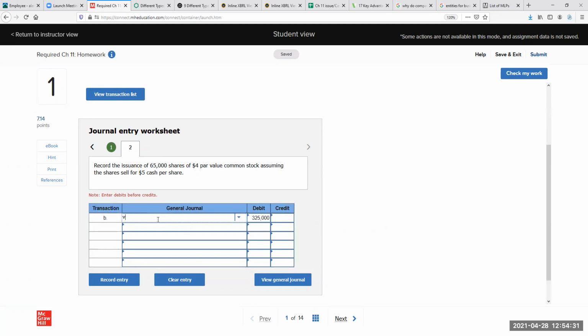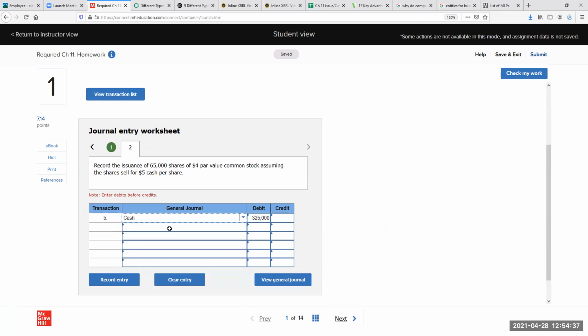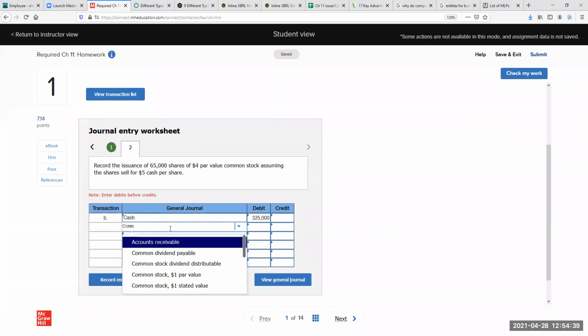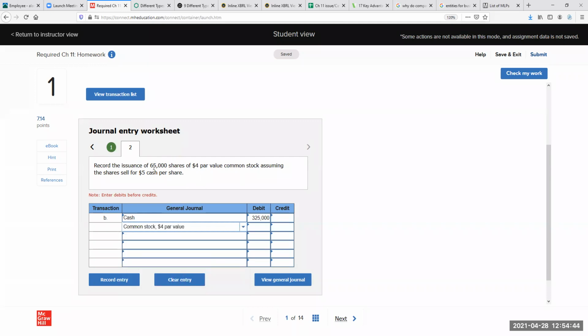So now our cash is 325,000. But you credit the common stock for the number of shares times the par. So this is still the 260,000.